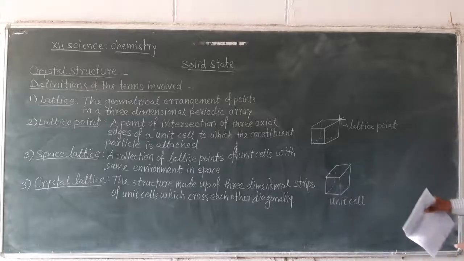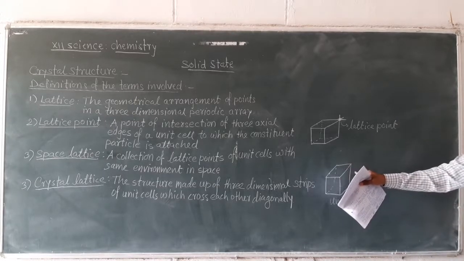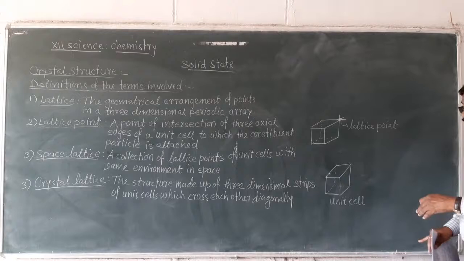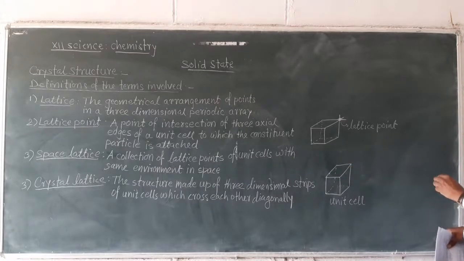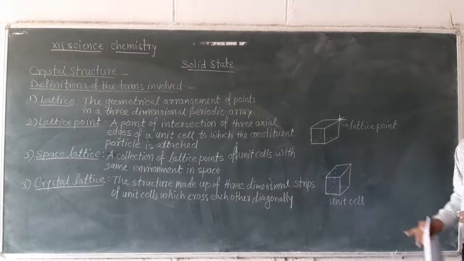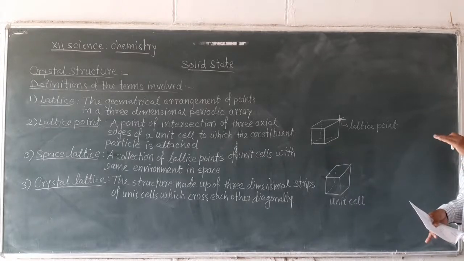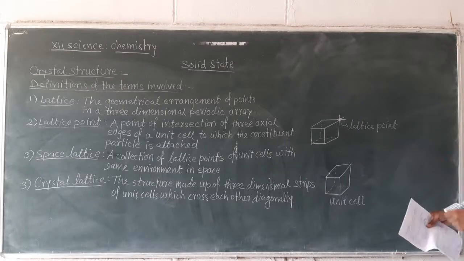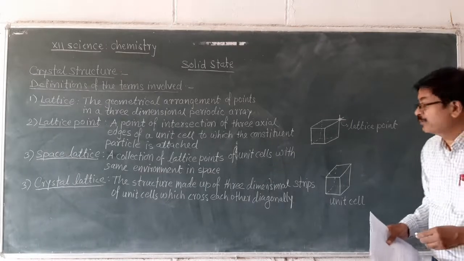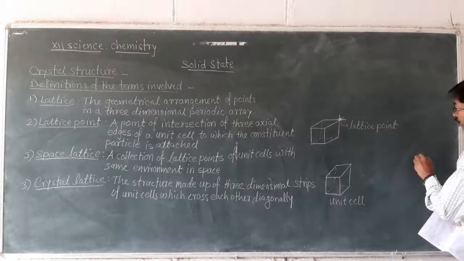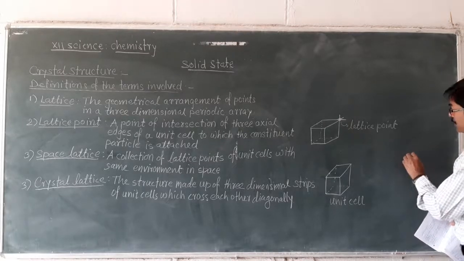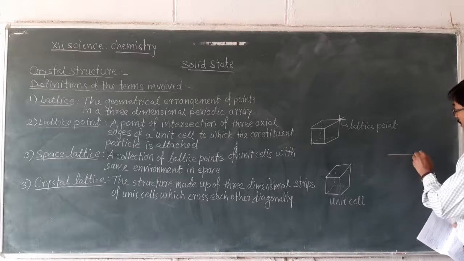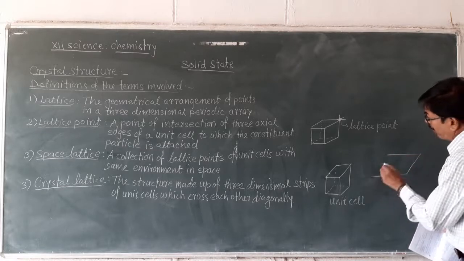When a number of such unit cells are arranged or joined to one another in three dimensions, first of all strips of unit cells are formed. These strips are arranged one over another and the crystal lattice is formed.